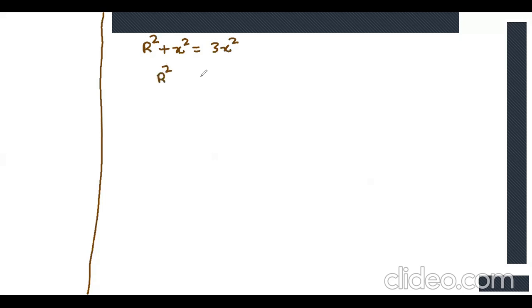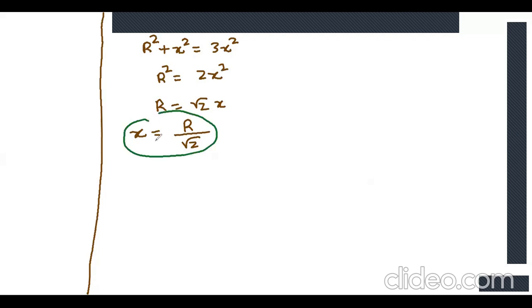So r square equal to 2x square. r equal to root 2 x. That is x equal to r by root 2. So that means at x equal to r by root 2, the electric field is maximum.